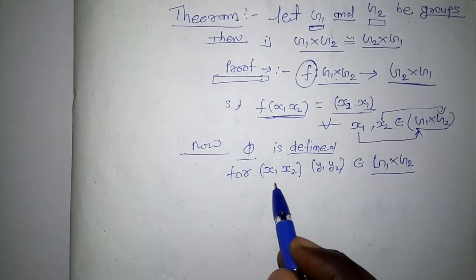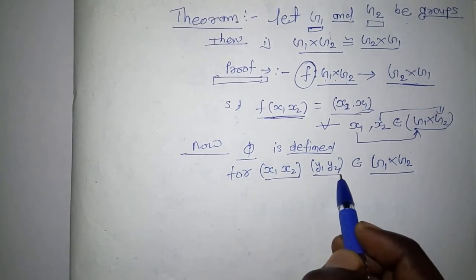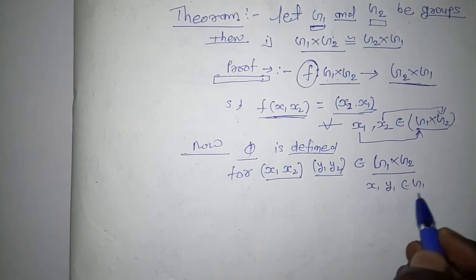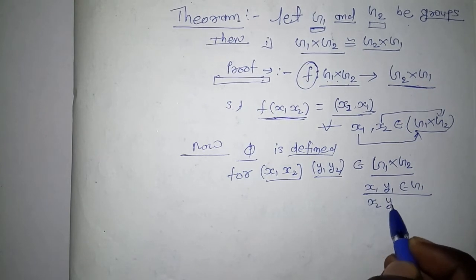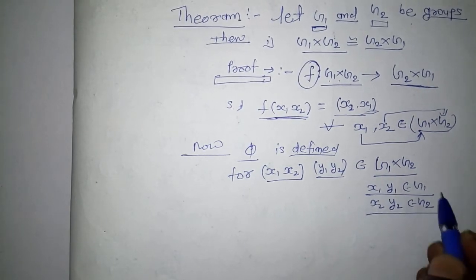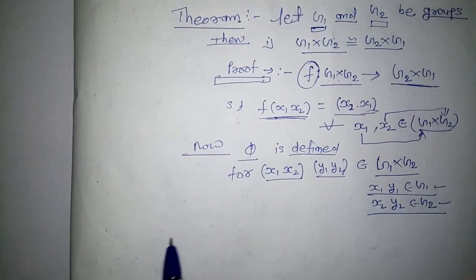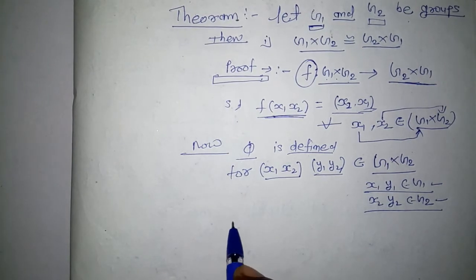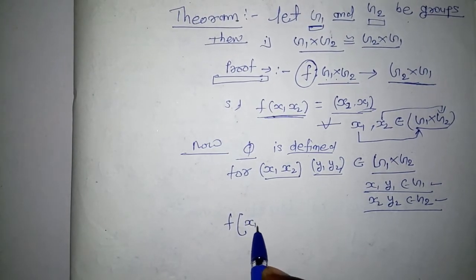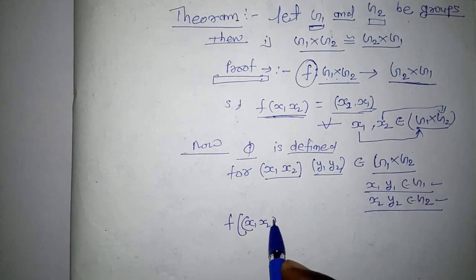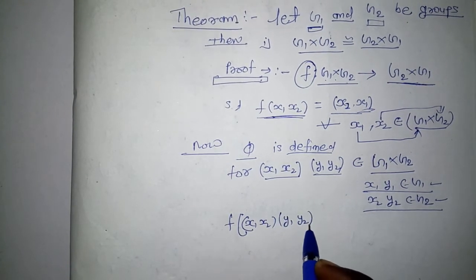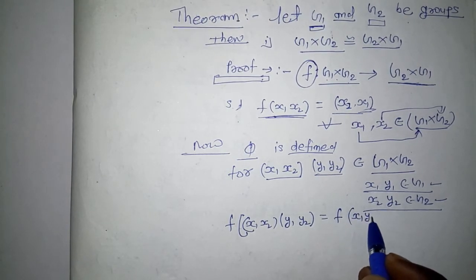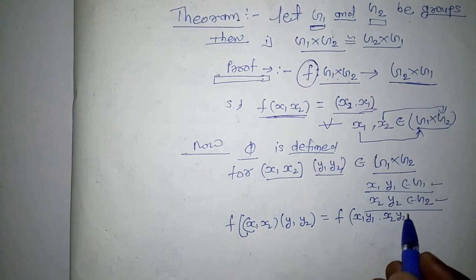Here x1 and y1 belong to G1 and x2 and y2 belong to G2. Okay students, next we can write f of (x1, x2)(y1, y2) is equal to f of (x1 y1, x2 y2).